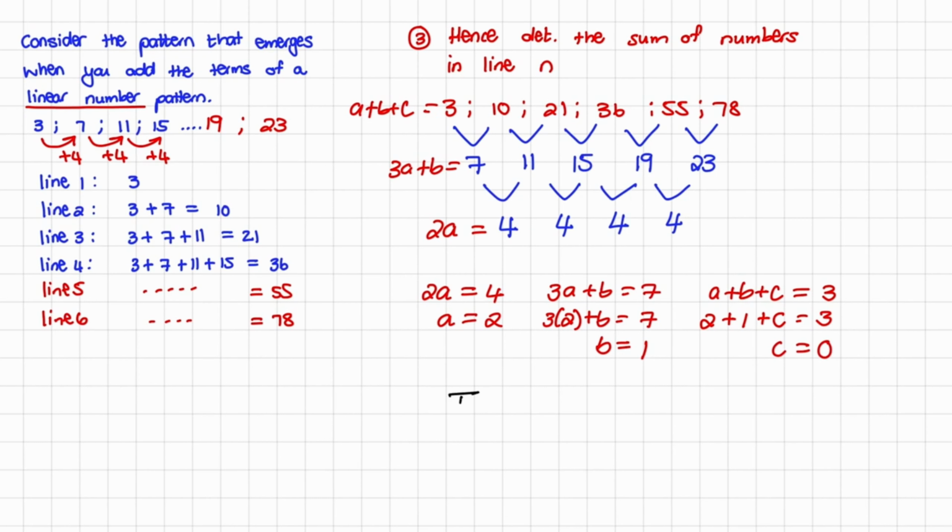Therefore the answer to this question is Tn is equal to an squared plus bn plus c, where a is equal to 2, b is equal to 1, and c is 0. So we can say Tn is equal to 2n squared plus n.